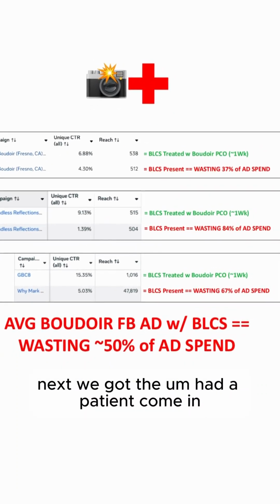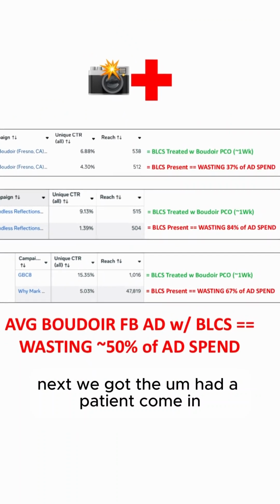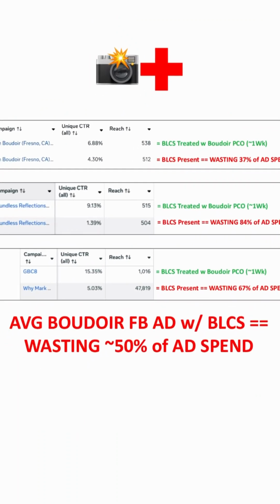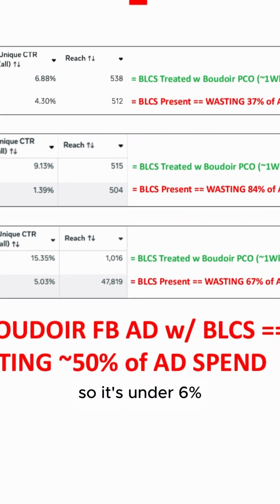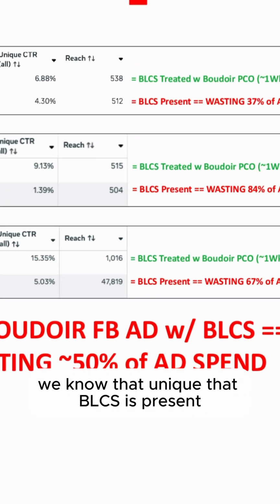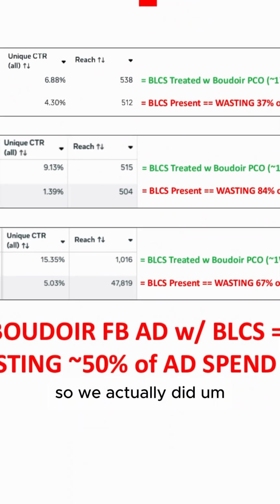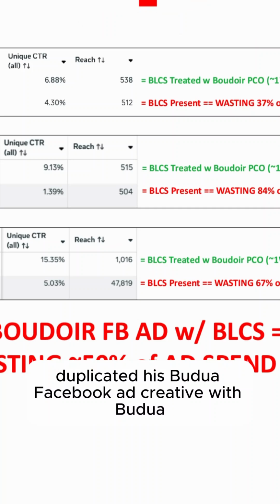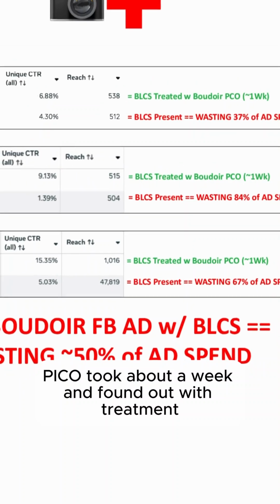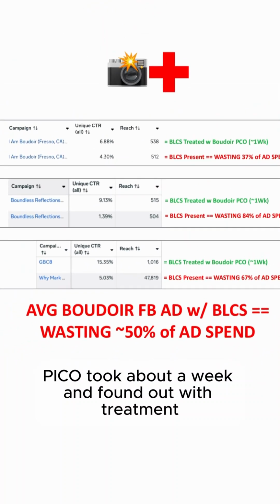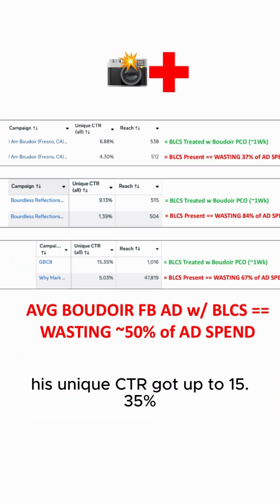Next, we had a patient come in. So his Boudoir Facebook ad, 5.03% unique CTR all, so it's under 6%. We know that BLCS is present. So we duplicated his Boudoir Facebook ad, treated it with Boudoir Pico, took about a week, and found out with treatment, his unique CTR all got up to 15.35%.